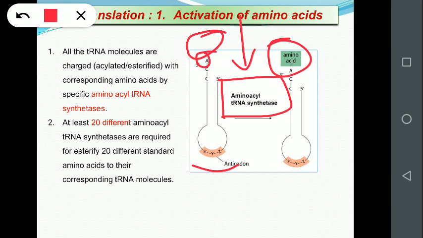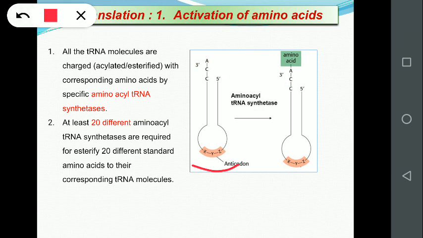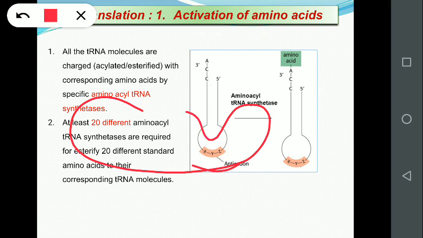Suppose you have an aminoacyl tRNA synthetase like this. With one active site, it binds an amino acid. With another portion of the active site, it binds the tRNA molecule.